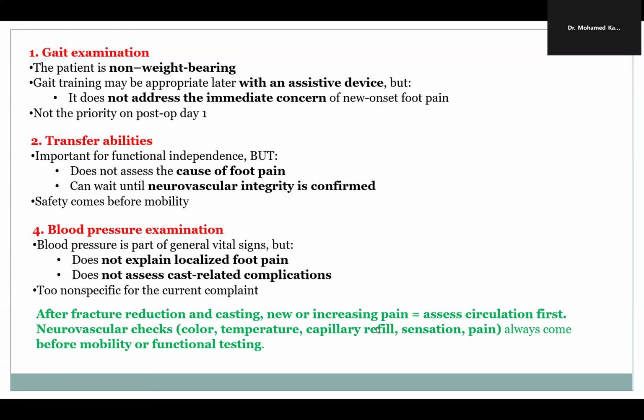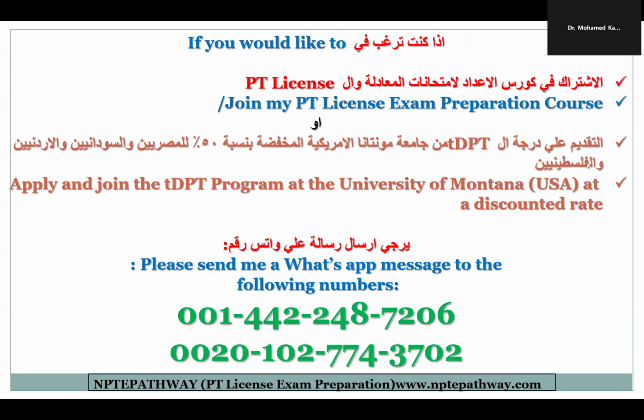We need to give priority to neurovascular checks: checking color, any changing colors, any pallor, temperature, whether the skin is cold, the capillary refill test, an easy test, and sensation testing, whether there is numbness, paresthesia, loss of sensation, or pain. This always comes before testing mobility or functional testing. This was today's content.